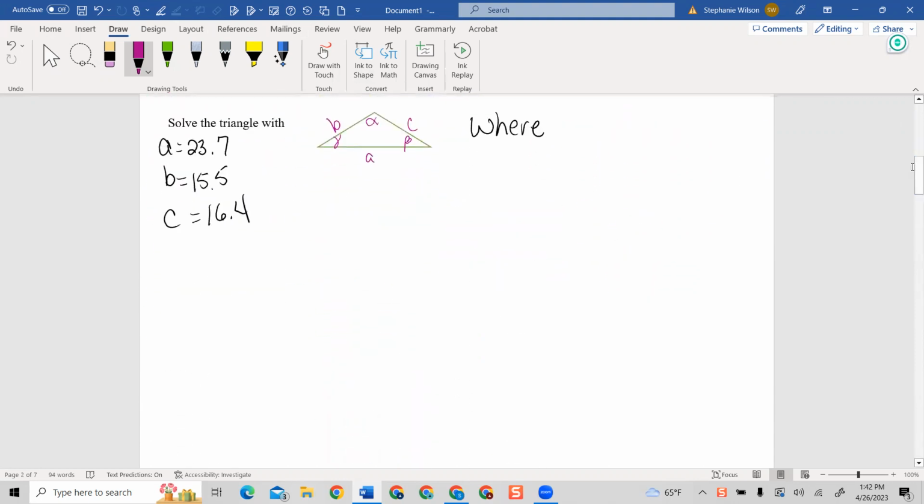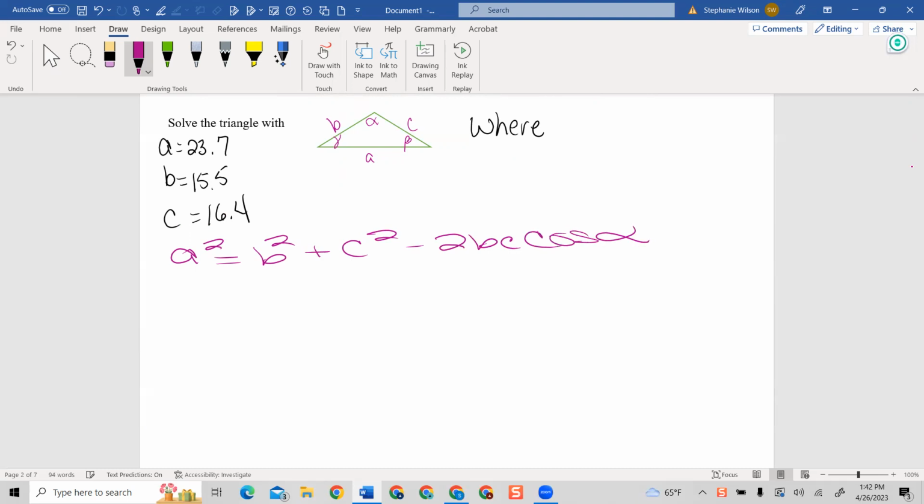The next one says solve this triangle with these certain given parts. If you notice, you're given all sides and no angles, so we're going to use the cosine law here. I'm going to pick the first one, which is a squared equals b squared plus c squared minus 2bc cosine of alpha.